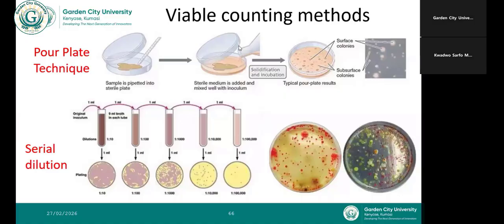So for malaria parasites, you count the number of infected red blood cells. We have the thick and the thin film. If you are using the thick film, you count the number of parasites, and then the number of white blood cells.